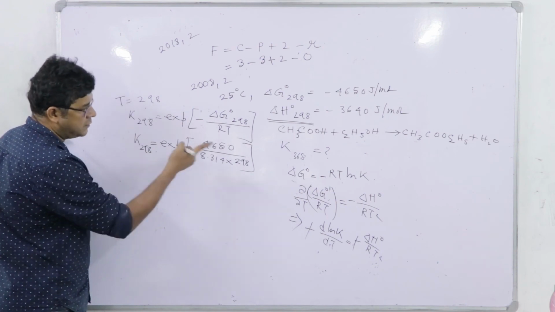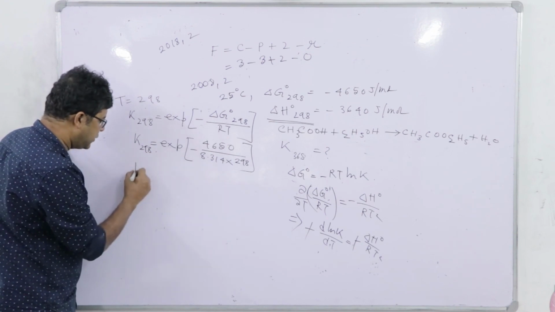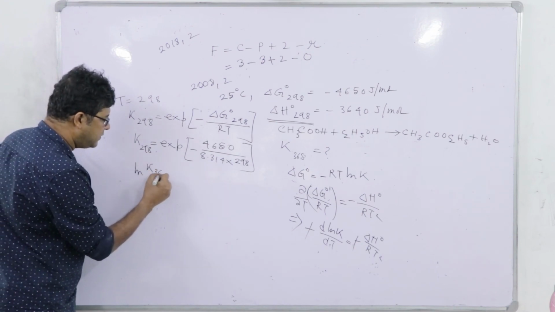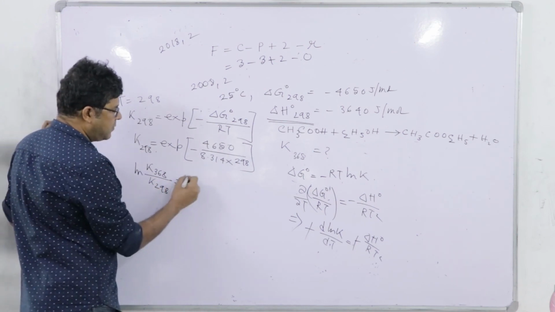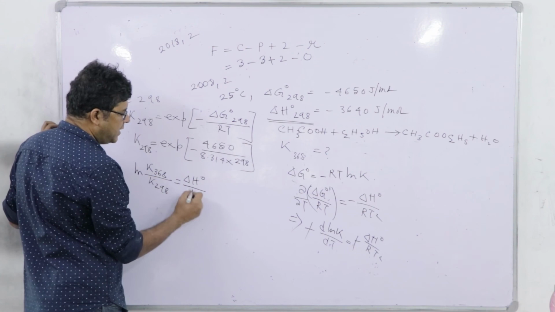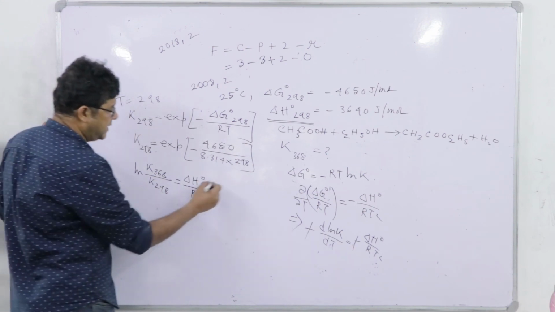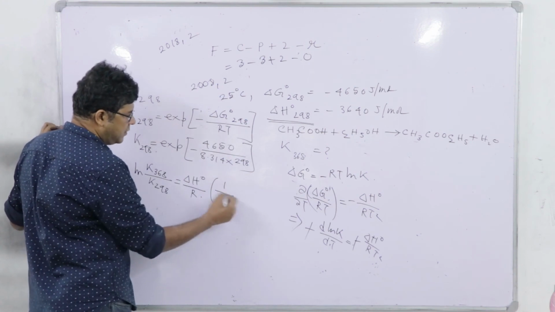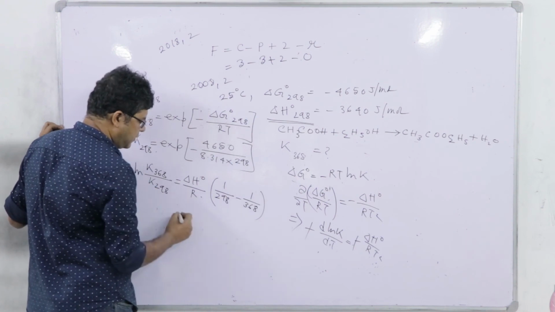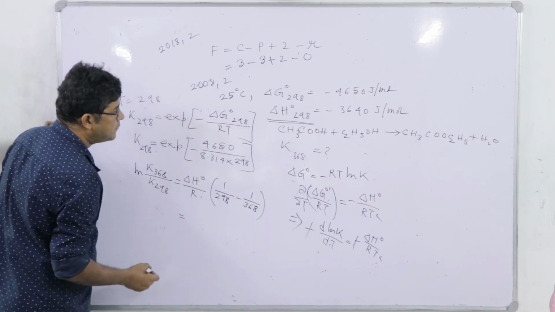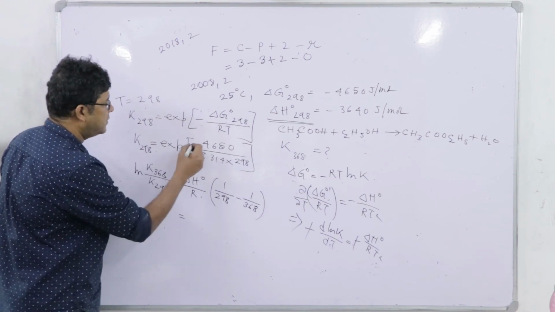But we have to get this K 368, and if we integrate this equation, ln of K 368 divided by K 298 is equal to delta H naught by R times the integral of 1 by T square. The integral is minus 1 by T, so the limits change: 1 by 298 minus 1 by 368. Delta H naught at 298 remains constant.